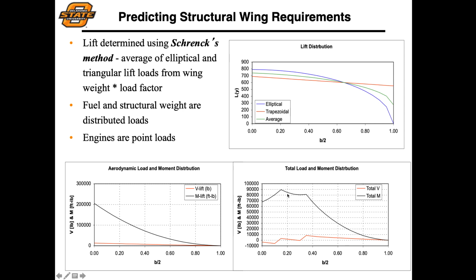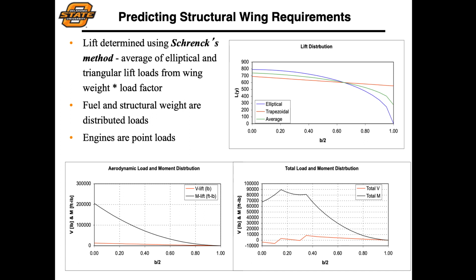Now, what you'll notice in many cases is our maximum may not be at the root of the wing. Due to the fact that the weight of our wing is going to be typically acting in the opposite direction as the overall lift of the wing, that weight is going to tend to reduce the overall load and moment requirement from our wing just based upon aerodynamic considerations.